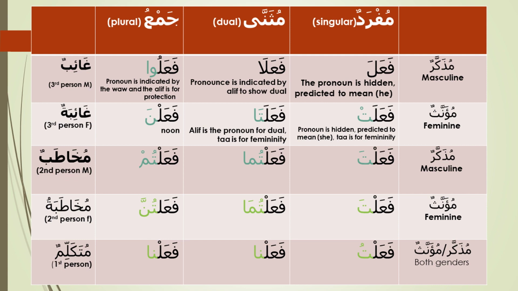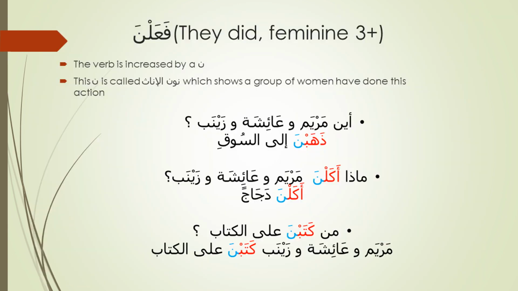Now we need they, 3 or more women did. It'll be the last of the third person. So how do we say they, feminine, 3 or more did the action? We increase the verb by a nun. Nun al-inath, that's what it's called.